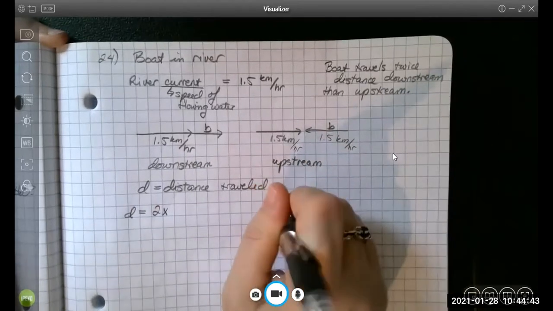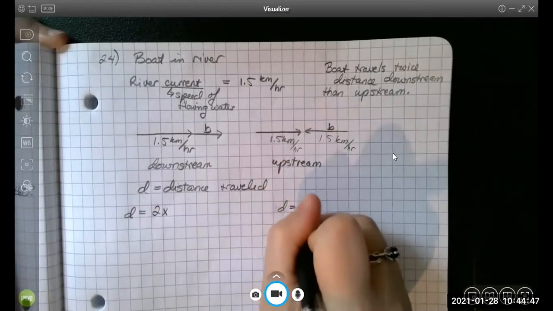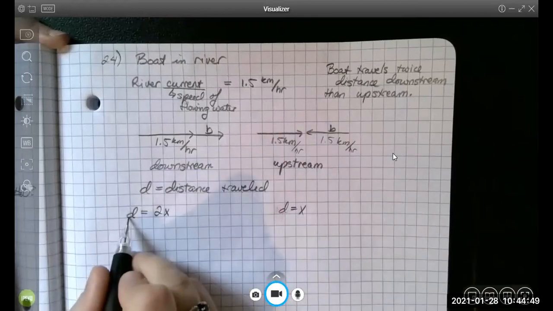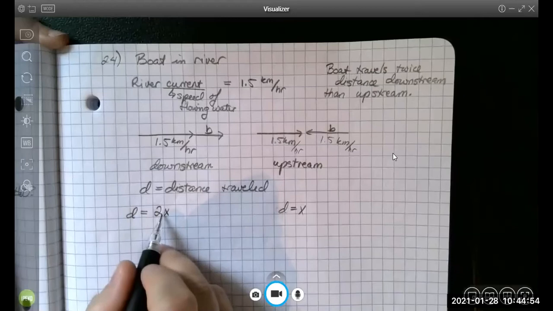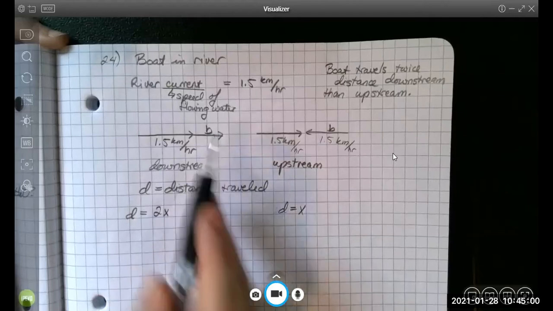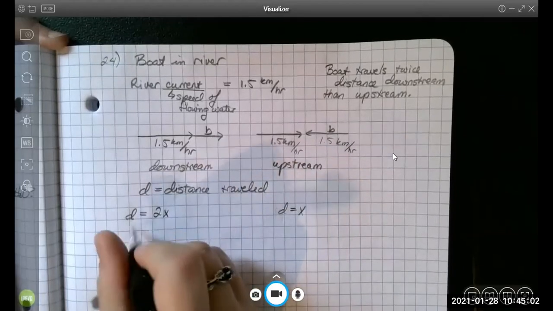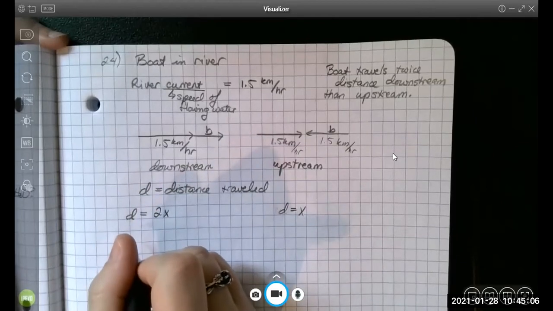Upstream, that's still the same column, is just going to be D equals x. So that's our distance. But distance is a function of more than just how far it went. So it's twice that distance. Now we also need speed per hour. So the velocity of the boat, so like, how do I phrase this?